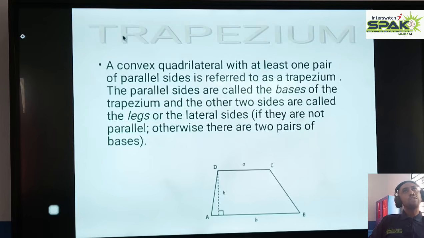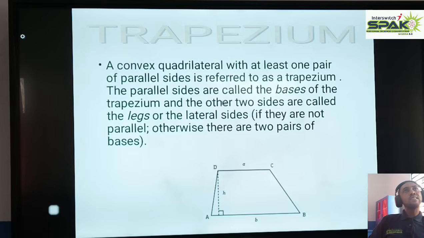Now on to trapezium. A convex quadrilateral with at least one pair of parallel sides is referred to as a trapezium.